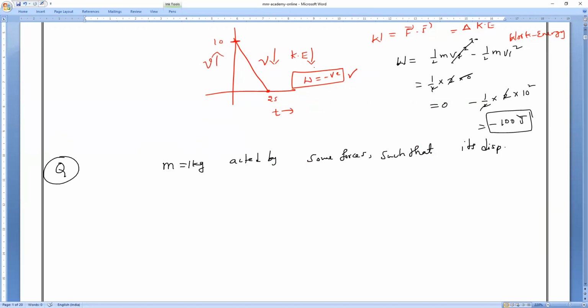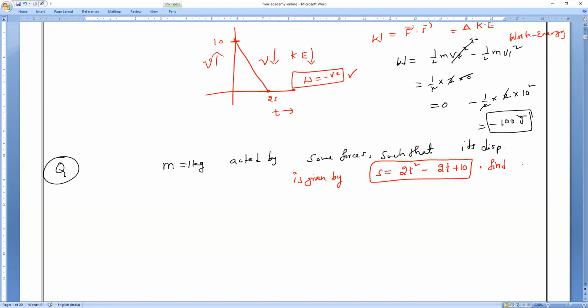Remember, unless you have previous knowledge of motion in a straight line and motion in a plane, you need differentiation and integration if you want to solve this one. What is the given displacement of the body, everybody? 2t square minus 2t plus 10.